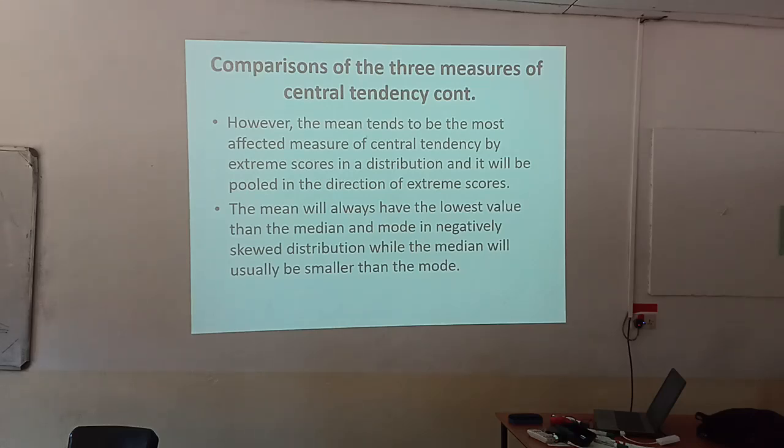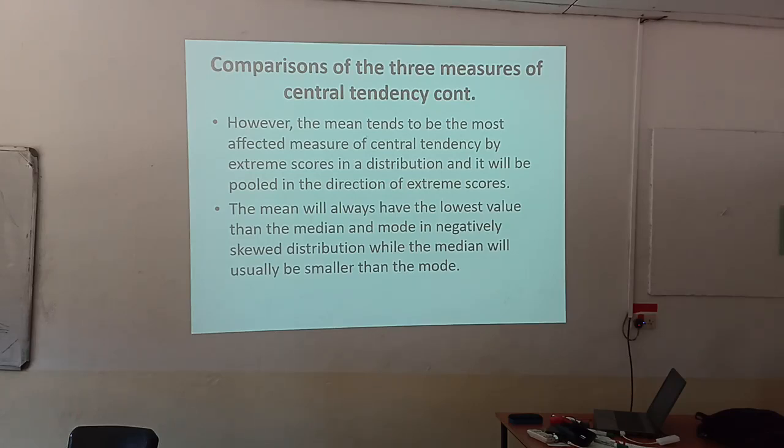And the median will have a lower score than the mode, because as I was saying, the mean is the most affected by the scores that are on the extreme side.